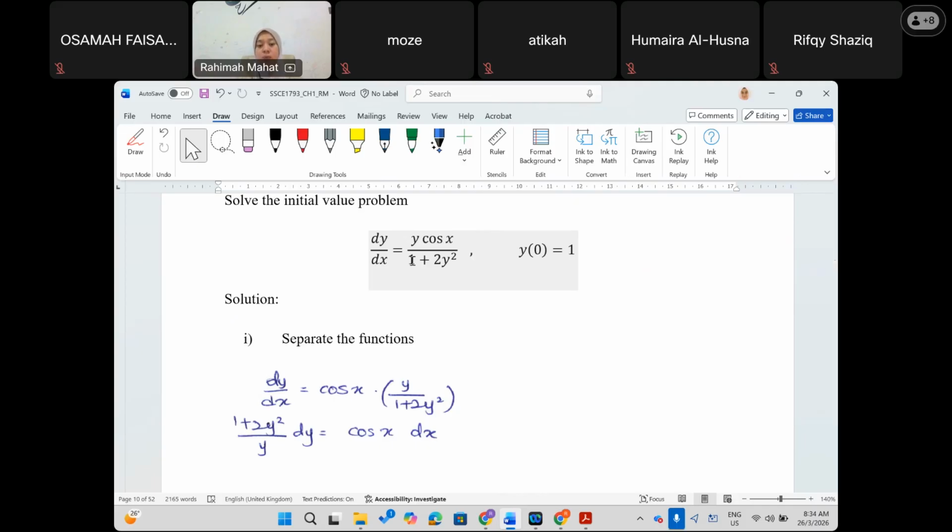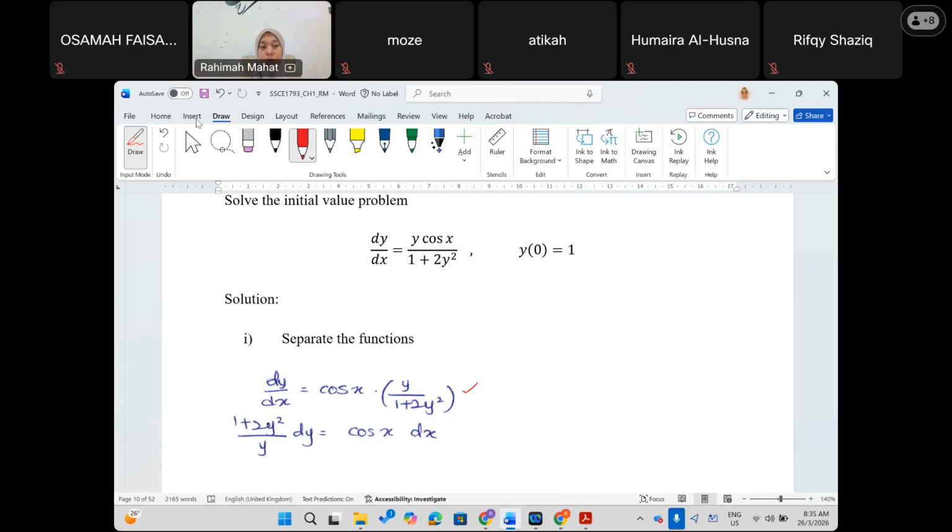So dy over dx is equal to cos x times y over 1 plus 2y squared. Using this, it is easier for you to separate x and y.